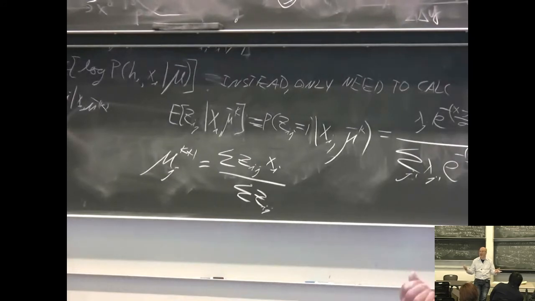Then calculate the expectation of each z under the current set of parameters, and plug those expectations into the maximization equation as if these were the real values, as if we had fractions of data points as opposed to whole data points.